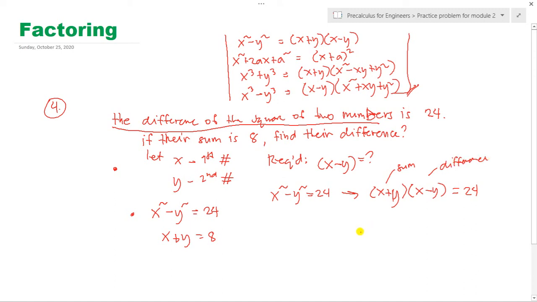So therefore, our sum is already given. So x plus y is equal to 8. So we can put here 8 times x minus y is equal to 24. Since we are after x minus y, the difference of the two numbers, divide both sides by 8. What's left is x minus y is equal to 3. So therefore, their difference is 3. 3 is our final answer.